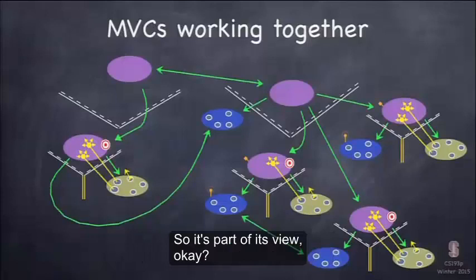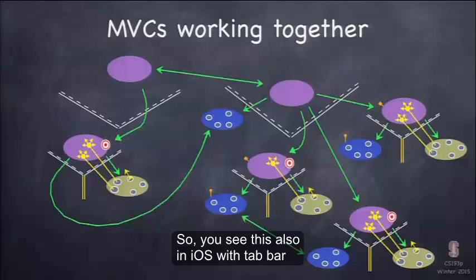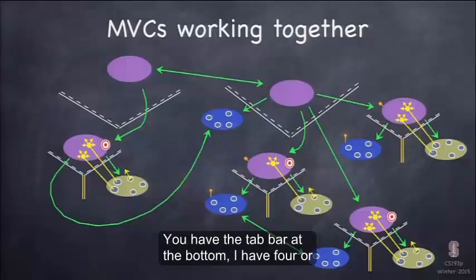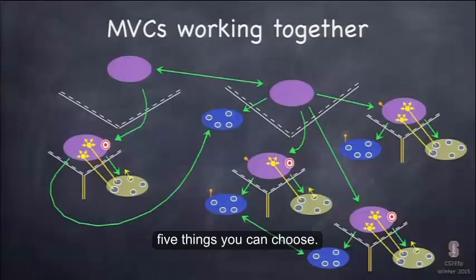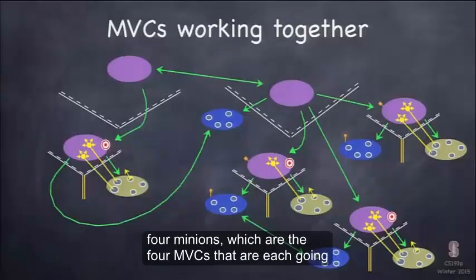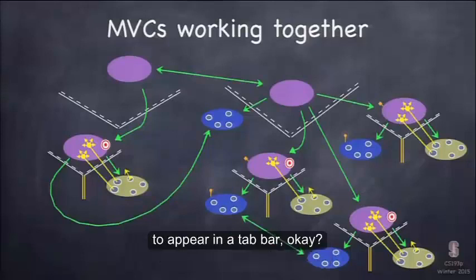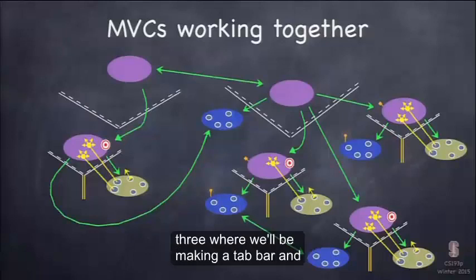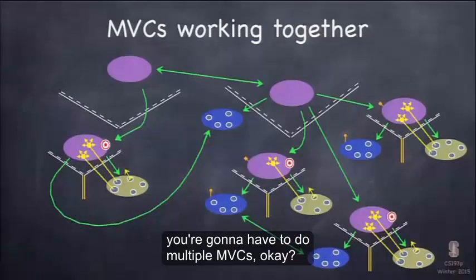So it's part of its view. So you see this also in iOS with tab bar controllers, right? You have the tab bar at the bottom might have 4 or 5 things you can choose. Well, there's some MVC at the top has 4 pointers to 4 minions, which are the 4 MVCs that are each going to appear in a tab bar. And we'll be doing that, for example, in assignment number 2 or 3, where we'll be making a tab bar, and you're going to have to do multiple MVCs.